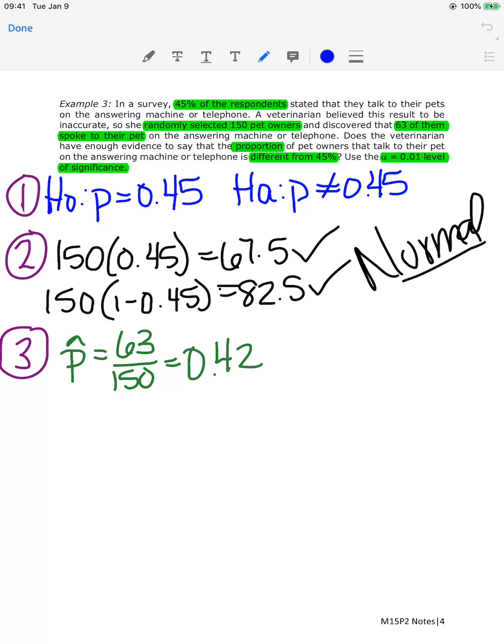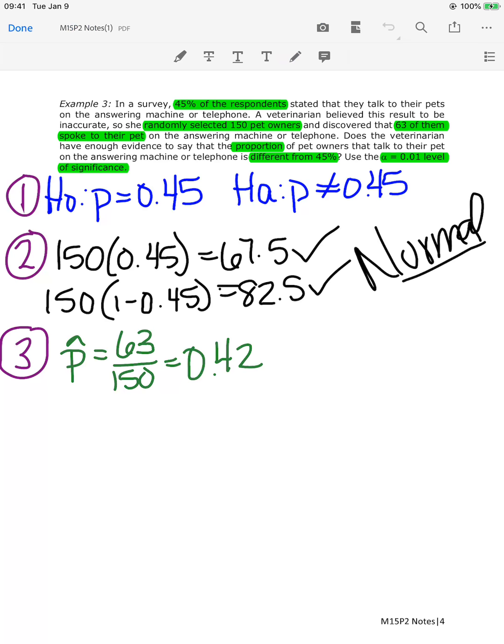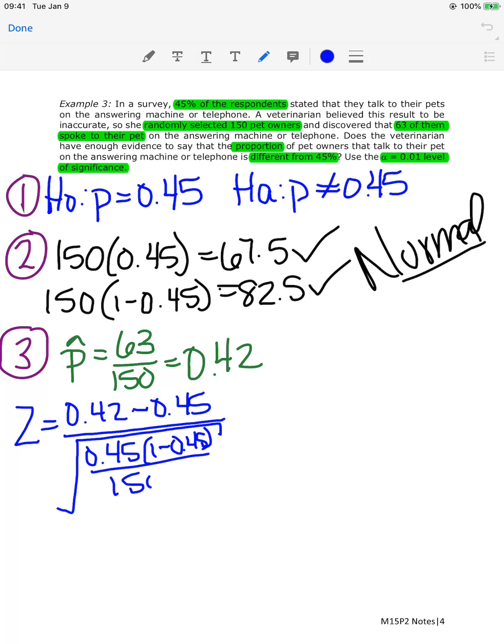So now plug all of that into the z-score equation on the first page. 0.42 minus 0.45 divided by the square root of 0.45 times 1 minus 0.45 divided by 150. So this top piece becomes negative 0.03.